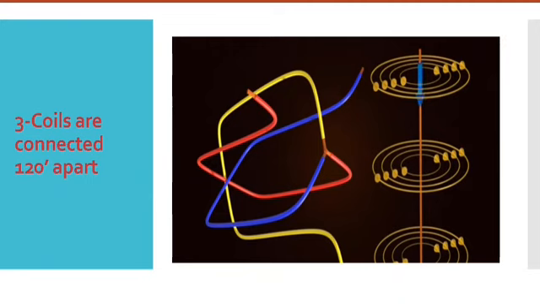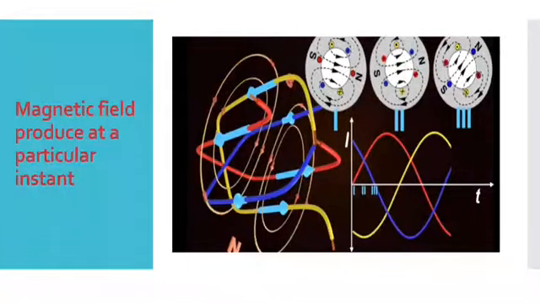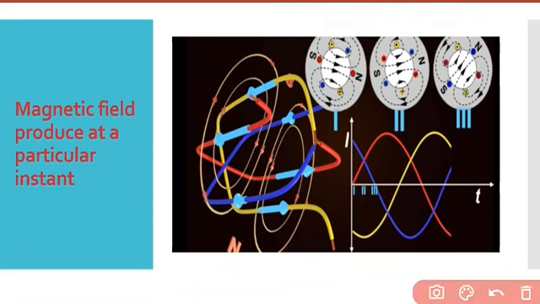Now we know that with variation in AC currents, the magnetic field takes different orientations. If you compare these 3 instances, you can see it is like a magnetic field of uniform strength rotating.